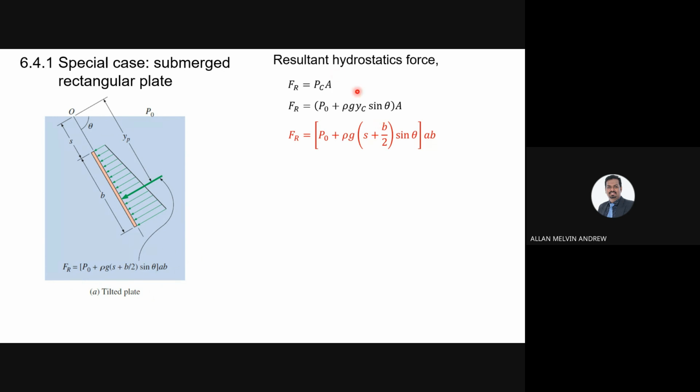Okay, so this is the derivation for this formula. It is from the initial formula Fr equals Pc times A. Pc is the pressure, atmospheric pressure plus rho g yc sin theta. This is from the previous slide.